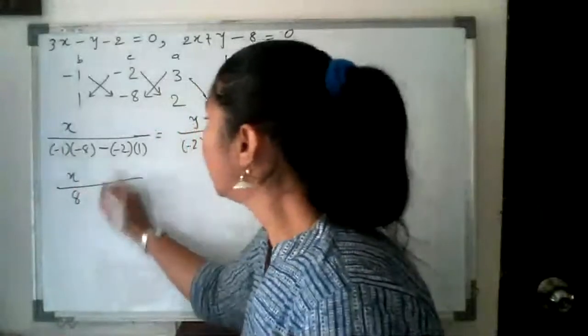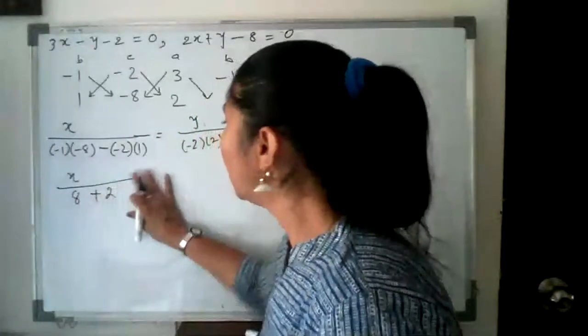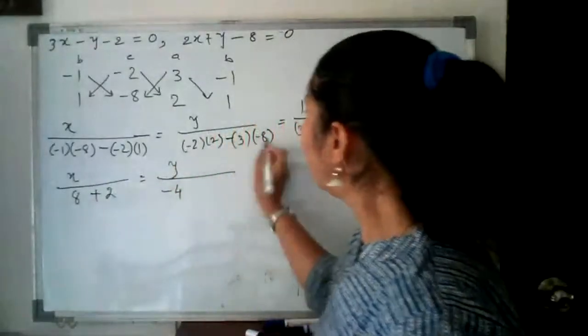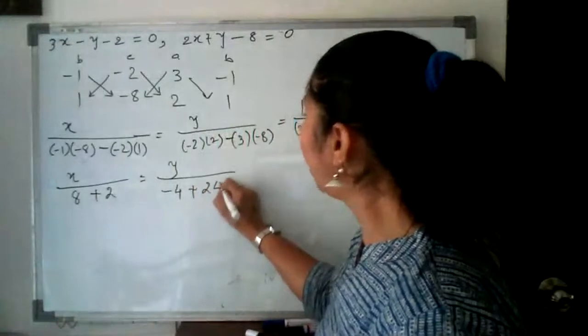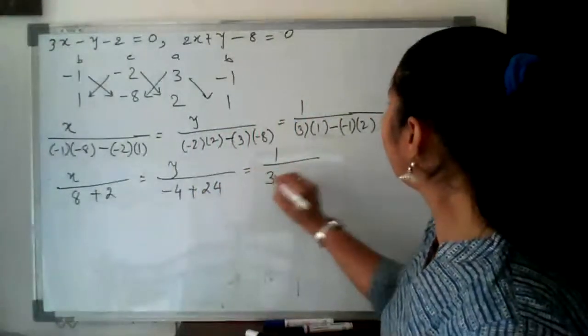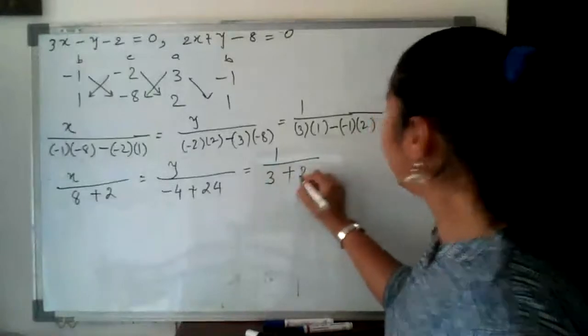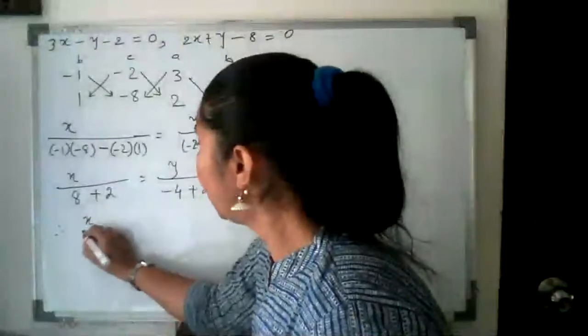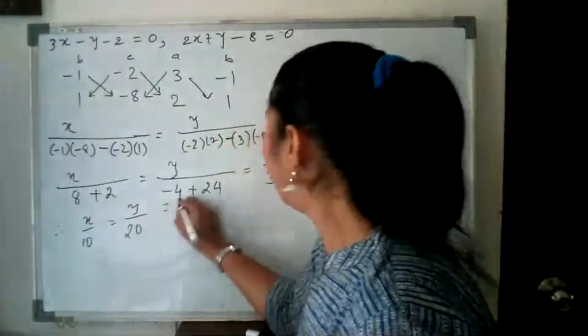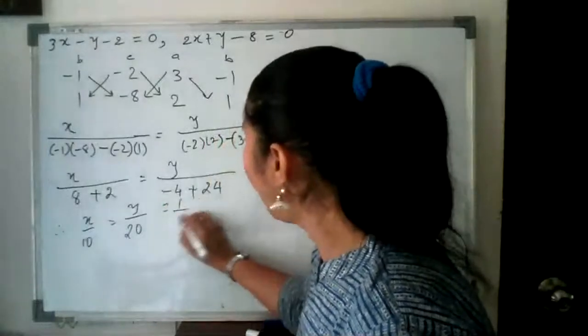Product 8 minus minus plus, it is equal to y upon minus 4 plus 24, isn't it? Now negative, negative, positive is equal to 1 upon 3 plus 2, isn't it? So what do we get? It is 8 plus 2, 10, y upon 20, 1 upon 5.